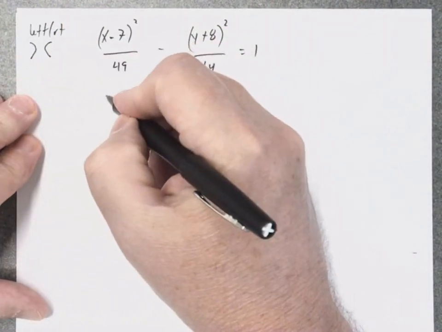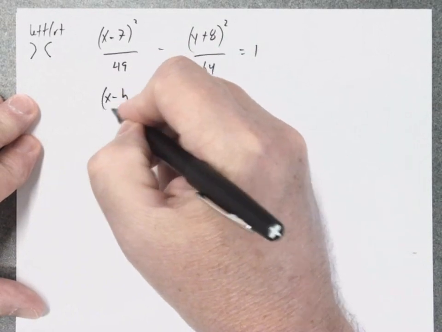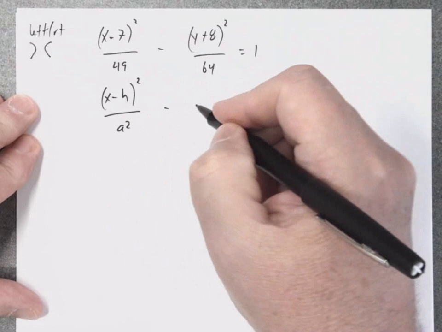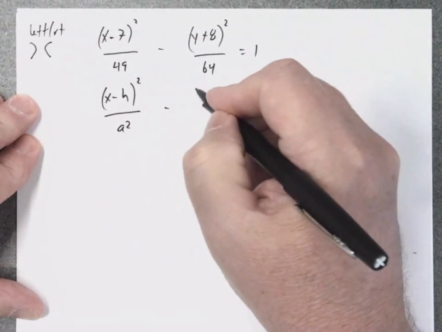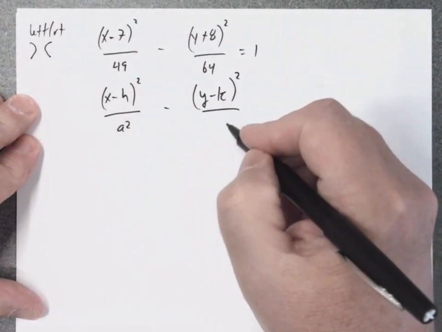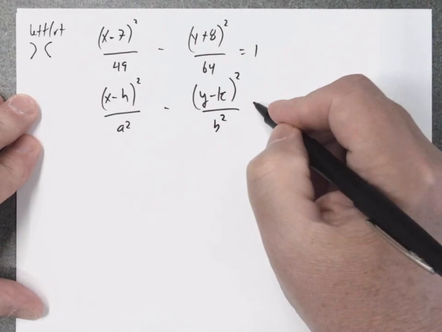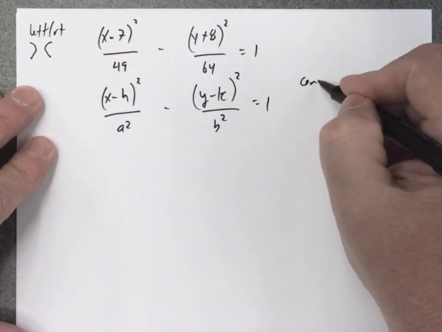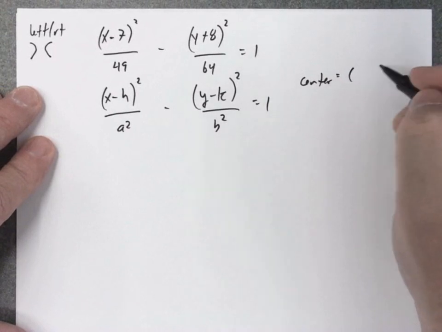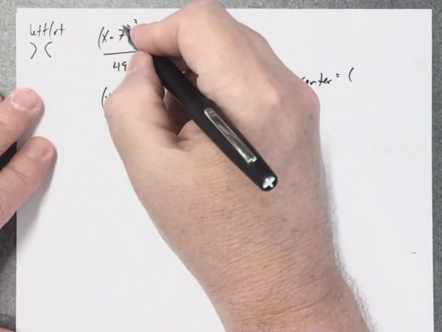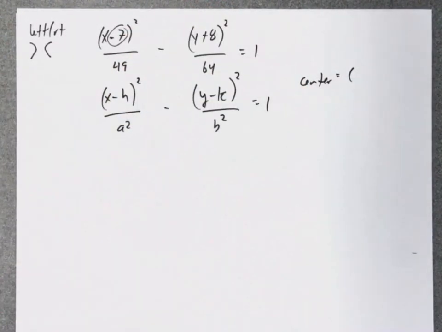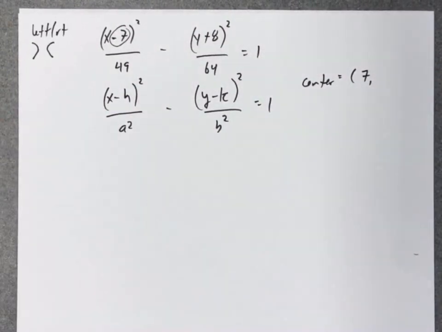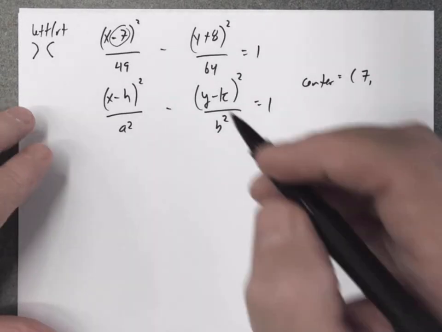So the standard equation for this hyperbola is (x minus h) squared over a squared minus (y minus k) squared over b squared. So the center, or (h, k), so here we go. I go grab that -7, which translates into h being 7.